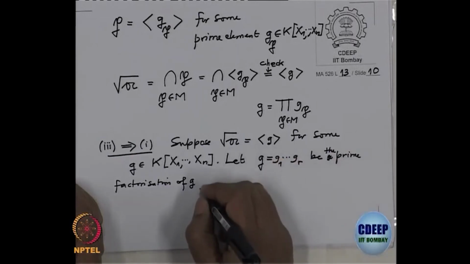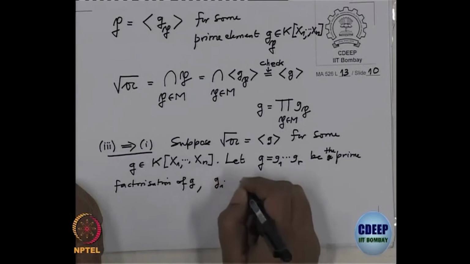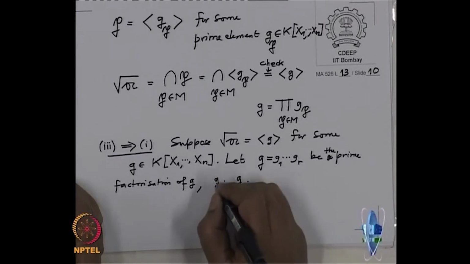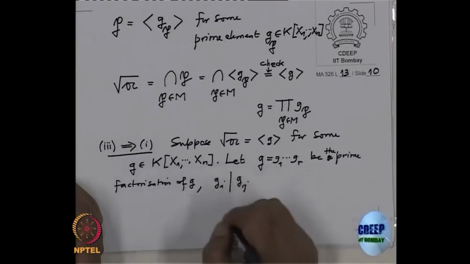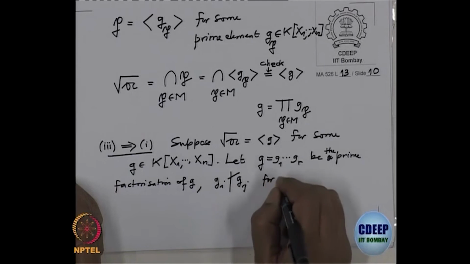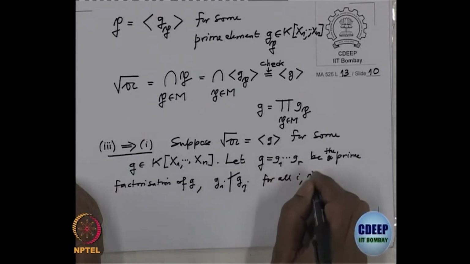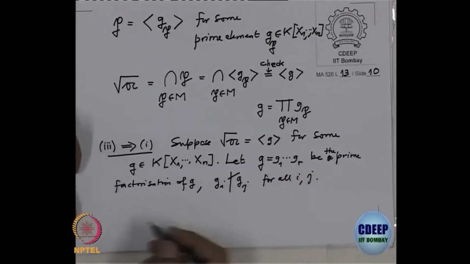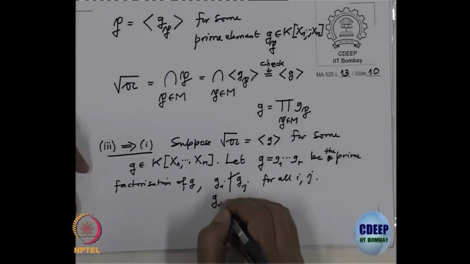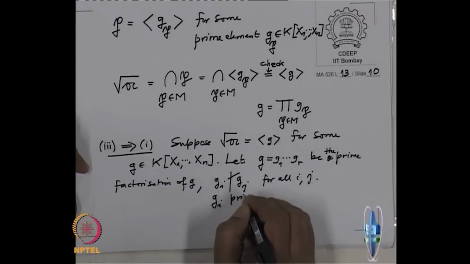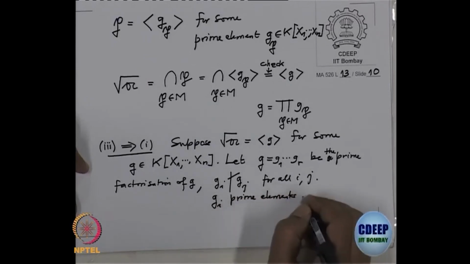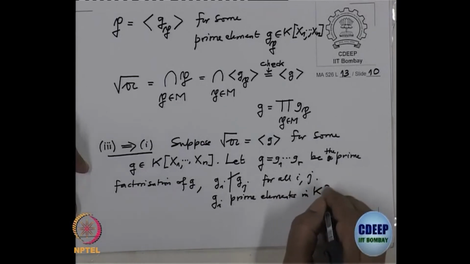Now Gi and Gj are different prime factors here. That means Gi cannot divide Gj and the other way. Okay, so the Gi are prime elements in k[x1, ..., xn].